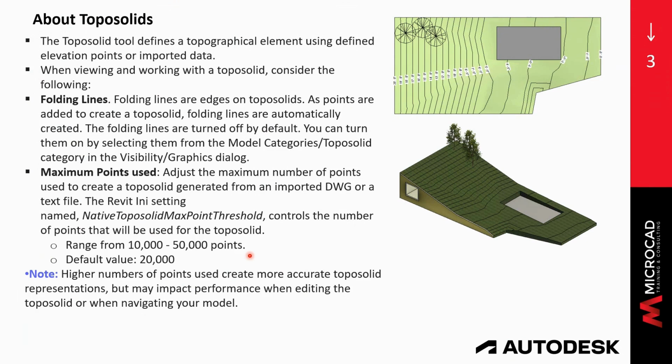The other thing that changed, if you were using topo surfaces up to 2023, is the folding lines. Before this revamping, topo surfaces in Revit used to not give you really contour lines. They would give you this triangulation of lines between the points that was very confusing. Nowadays, it is giving you actual contour lines.